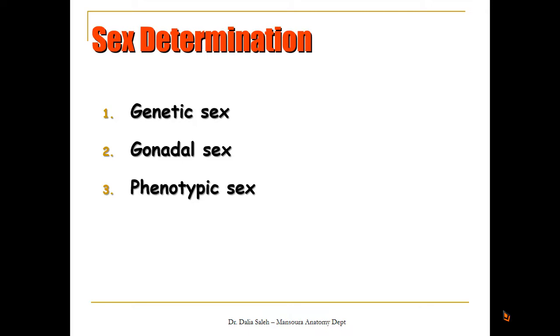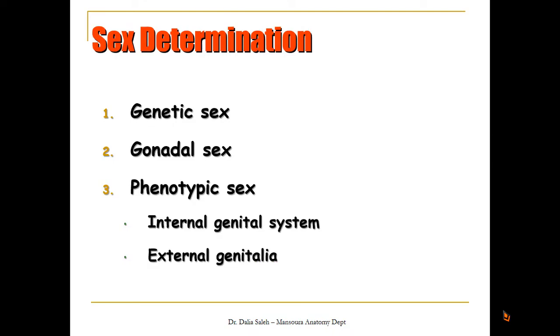If the developed gonad is a testis, then the hormone secreted from it is testosterone, and this will affect the phenotypic sex towards the male side. However, if the developing gonad is an ovary, then there is no testosterone, and the internal and external genitalia will be directed towards the female side. So the phenotypic sex affects both the internal genitalia and external genitalia.